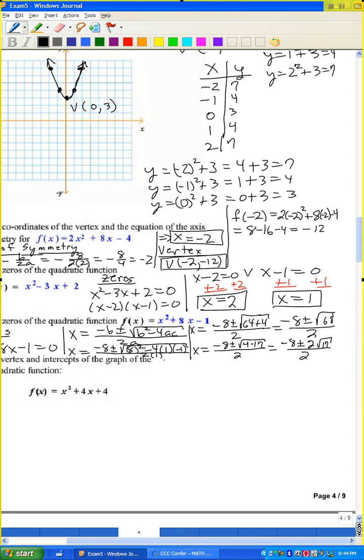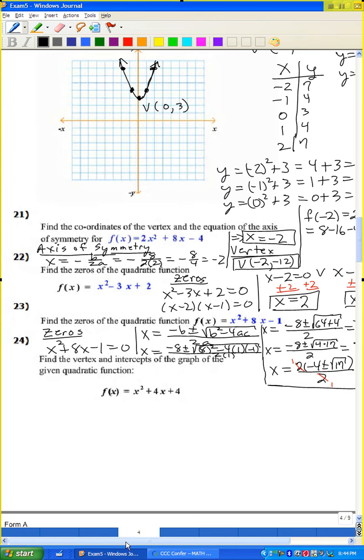I can factor out a 2 from the numerator. I can cancel the 2's. And so I get that x is equal to negative 4 plus or minus rad 17. And those are your zeros.